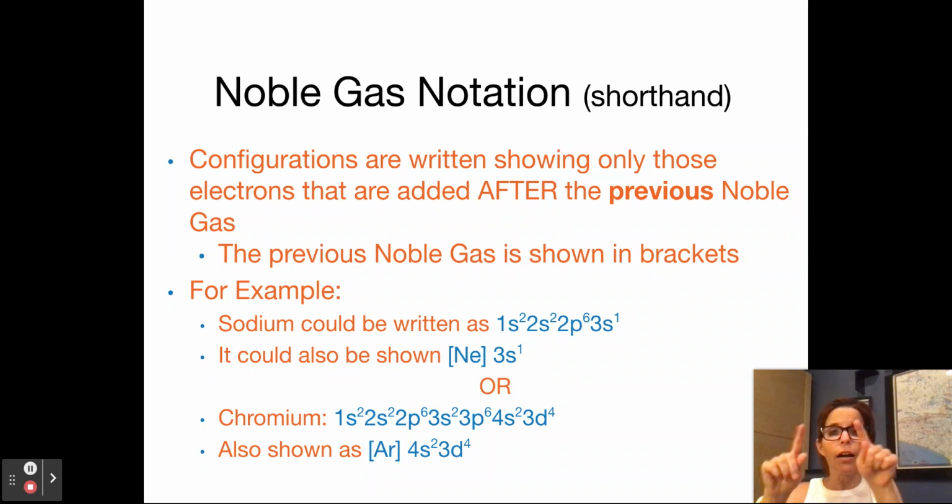So you write argon in brackets, Ar, and then all of the electrons that came after argon. Argon had 18 electrons, so these electrons right here, 1s2, 2s2, 2p6, 3s2, 3p6, that's argon. These represent argon. And then everything beyond argon, you need to write down.